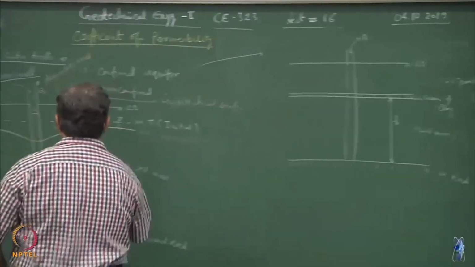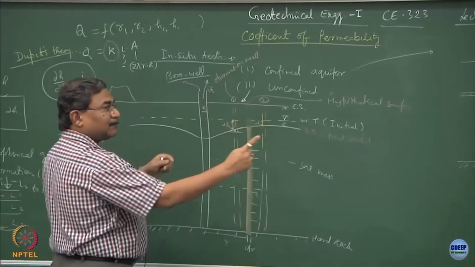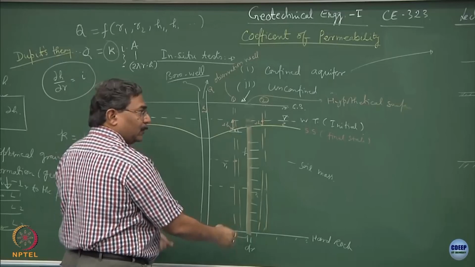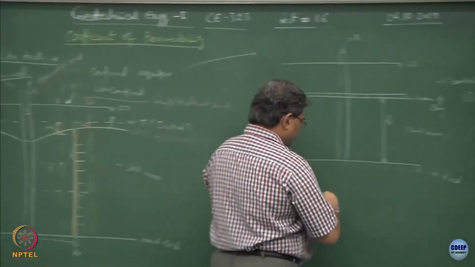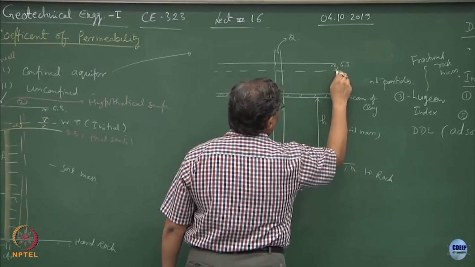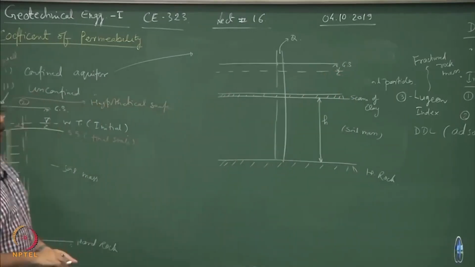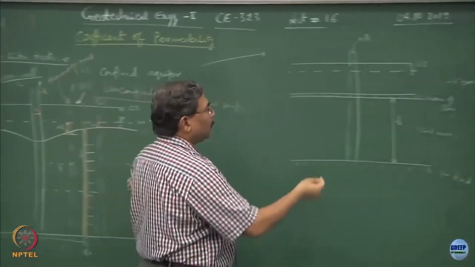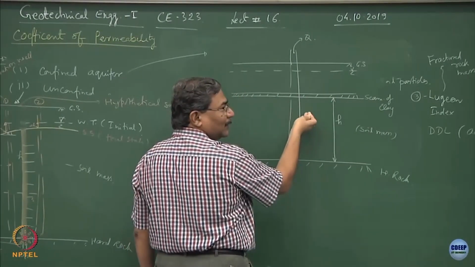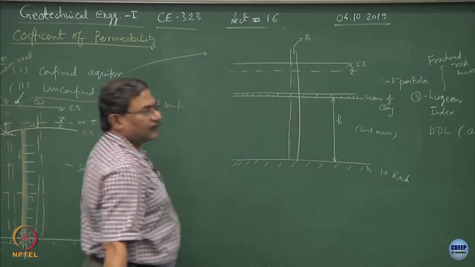Here what is happening? Here the surface area is changing with respect to time. The more you pump out, this value of H keeps on dropping down. Here this is going to be constant, and then what about the water table? The water table would be somewhere here. This is the initial water table, okay, and the more and more I suck it out, what is going to happen? It has to be below this, that is it.